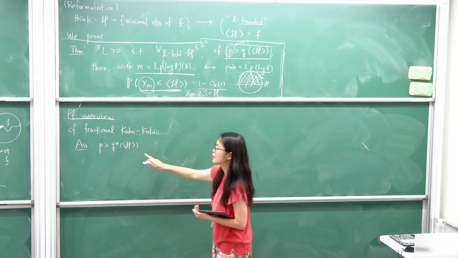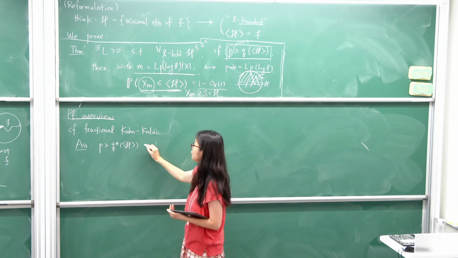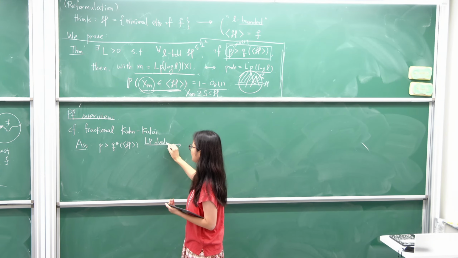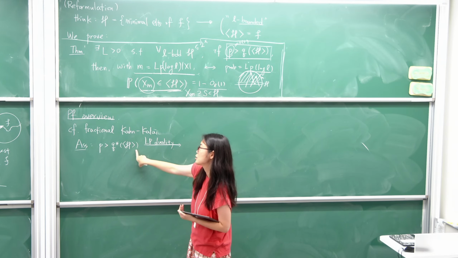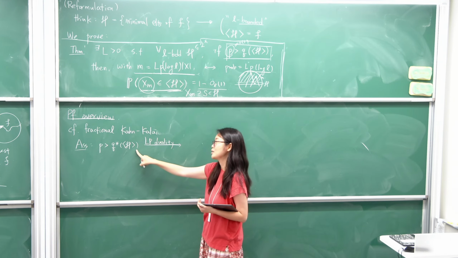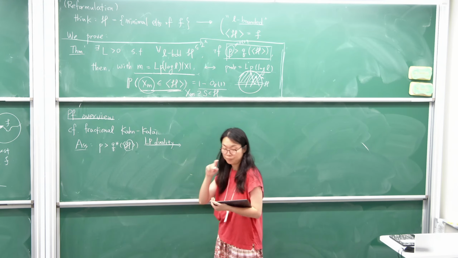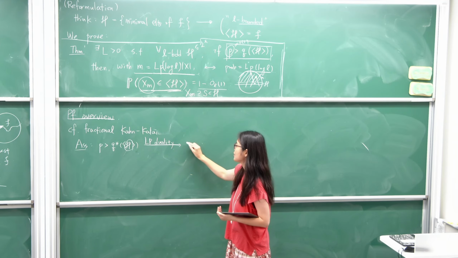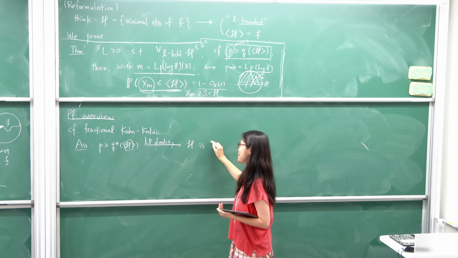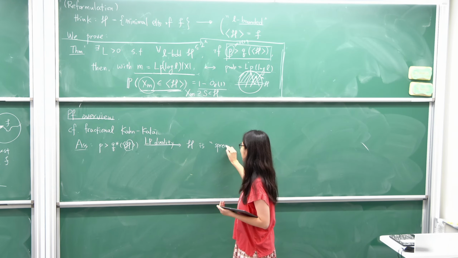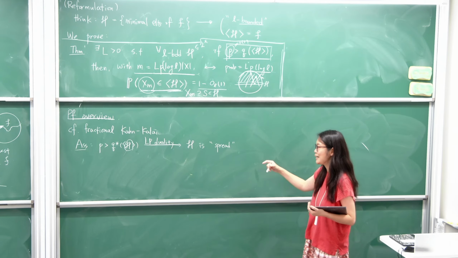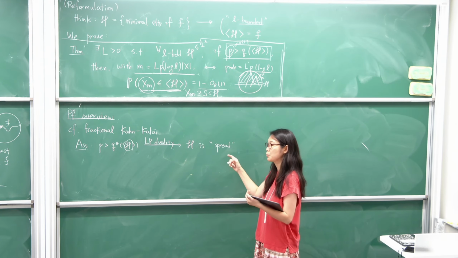What's good about this fractional version is that if we apply LP duality, then this assumption tells us something very nice about this hypergraph. If you apply LP duality, this assumption gives us that H is something called spread. I'm not going to define what this means, but roughly speaking, this is a very nice combinatorial property.